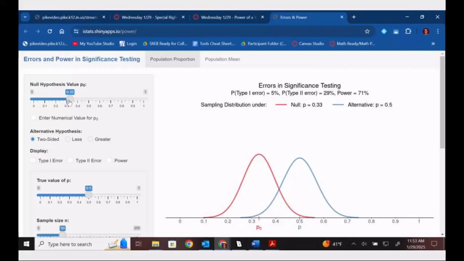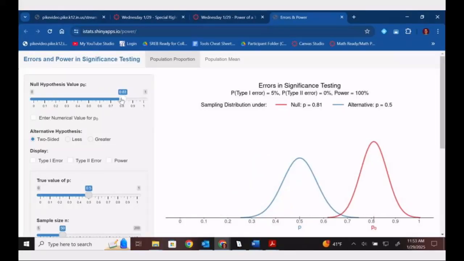The null hypothesis value. What is our null hypothesis? P is equal to 0.80, so take this slider over to 0.80. What are we saying the actual true value for P is?